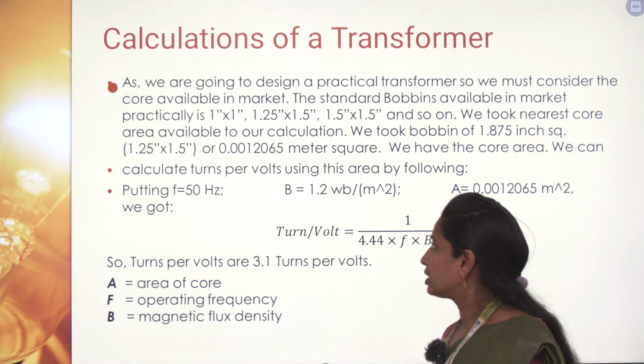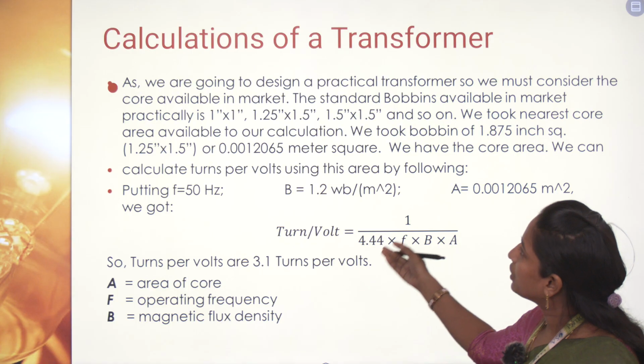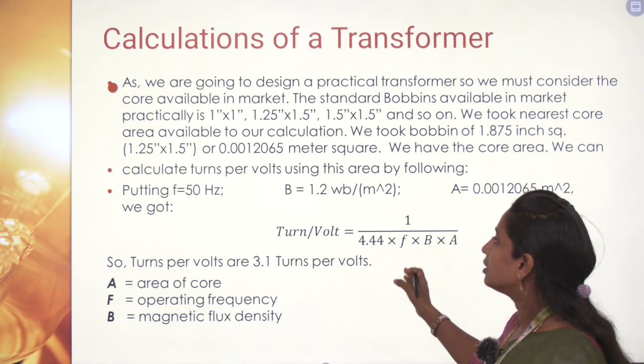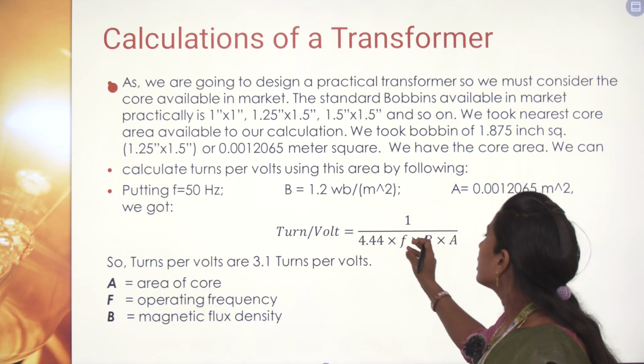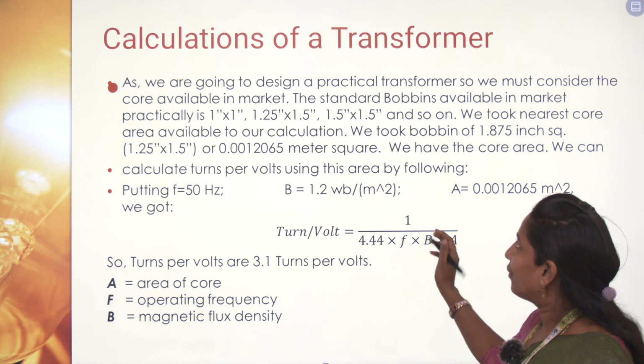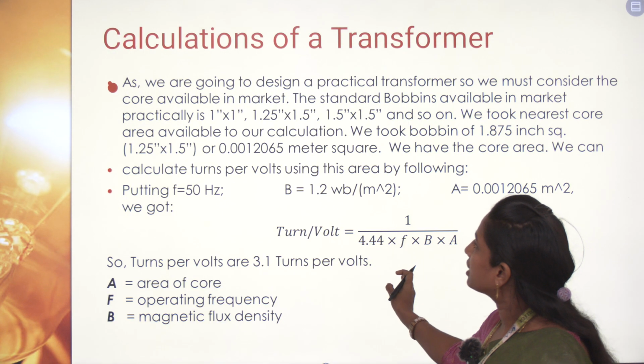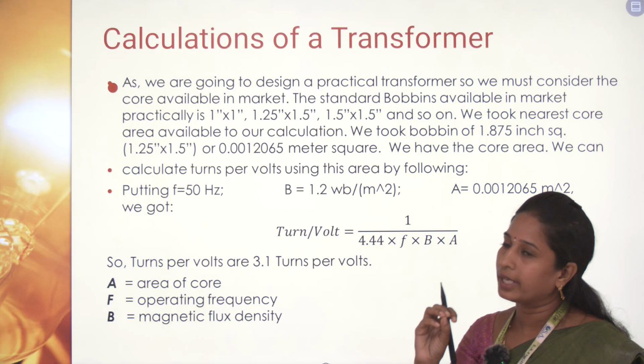So how will we calculate the transformer power ratings? As we discussed in the previous slides, here the turns per volt is calculated. The formula is given, and I have given an example.